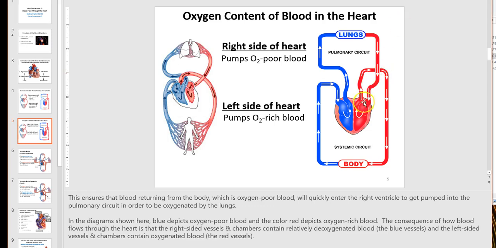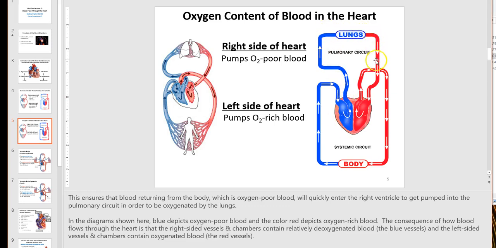That's because blood pumped by the right ventricle was received from the right atrium, which received it from the systemic circuit where oxygen has already been dropped off to the interstitial cells or tissues. So this deoxygenated blood goes to the lungs in the pulmonary circuit to become oxygenated. All of this is deoxygenated blood in blue.